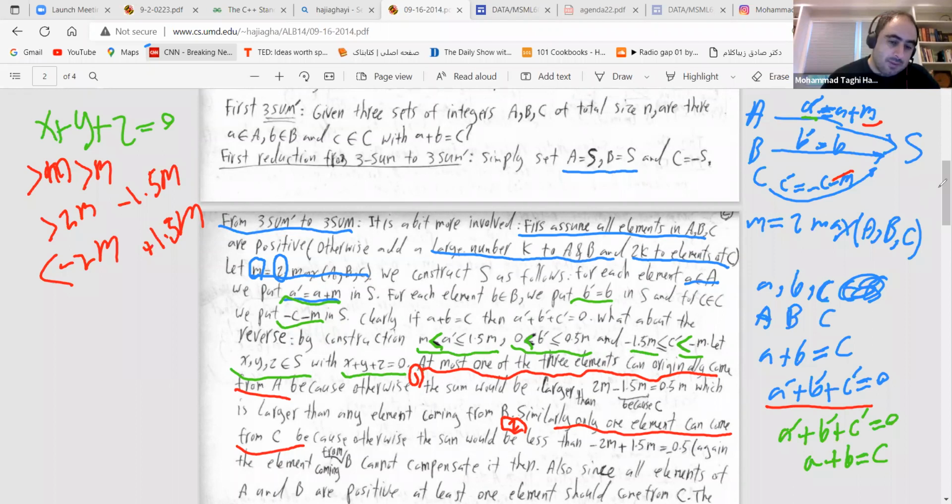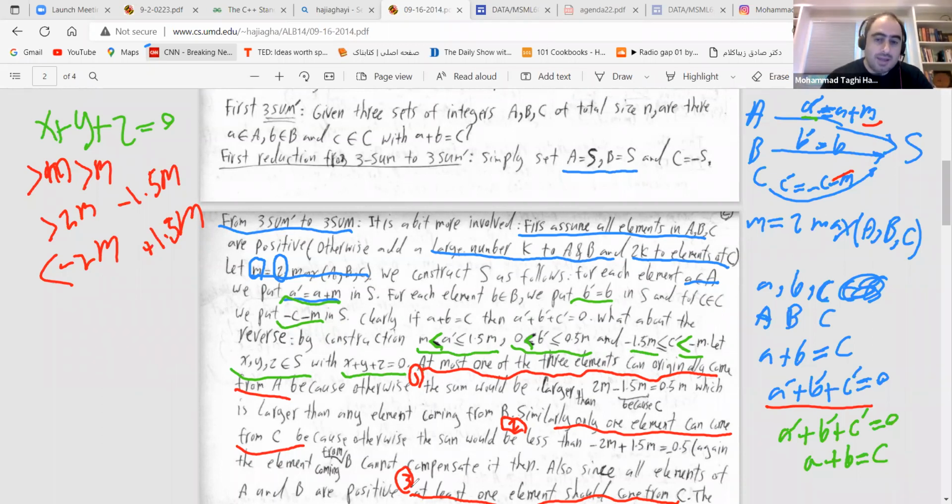So now for C, we have one more condition. This is the third condition. So far we mentioned at most one element from A, at most one element from C. And we can say that the number of elements from C should be exactly 1.